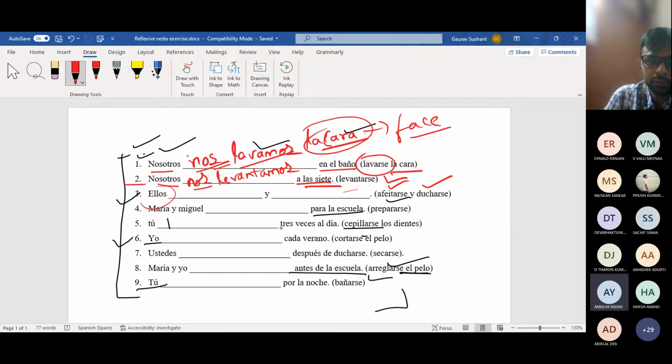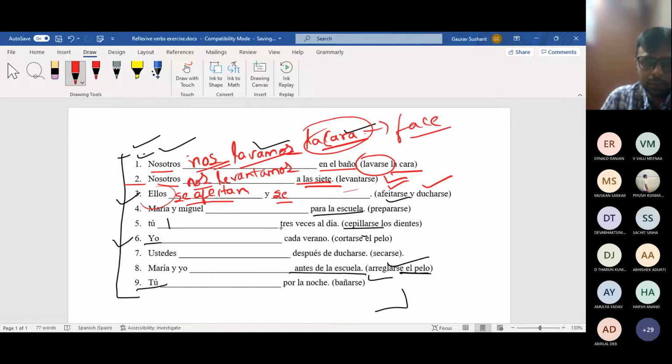Ellos se afeitan y... not sure about ducharse. Same way you have to do it in ducharse. Ellos se afeitan y se duchartan. Again, no. Why are you changing it?